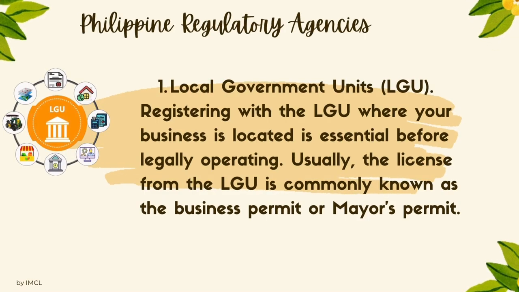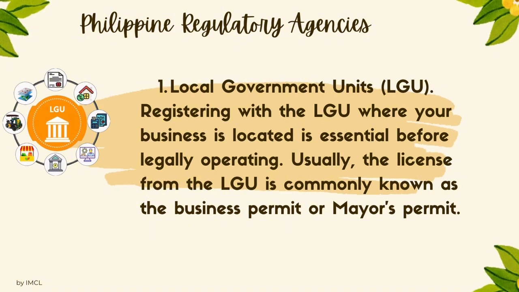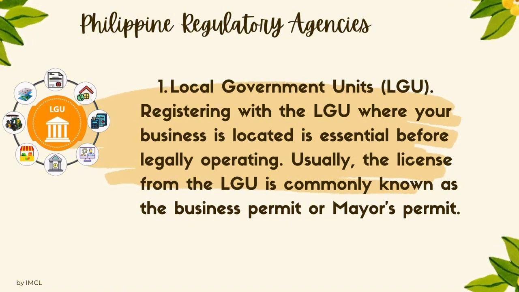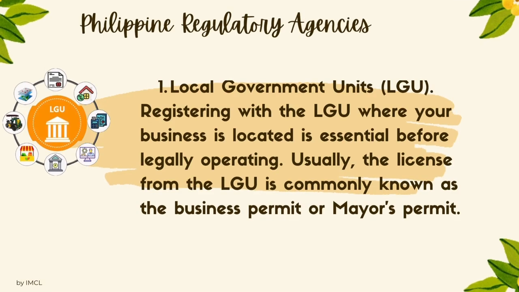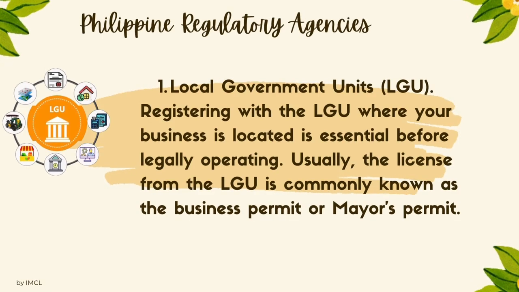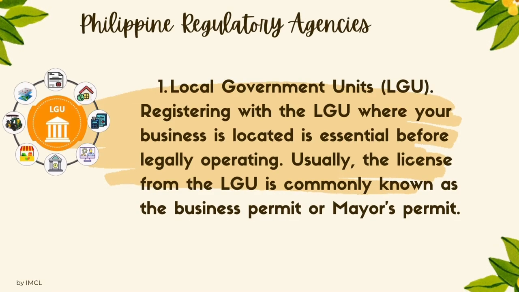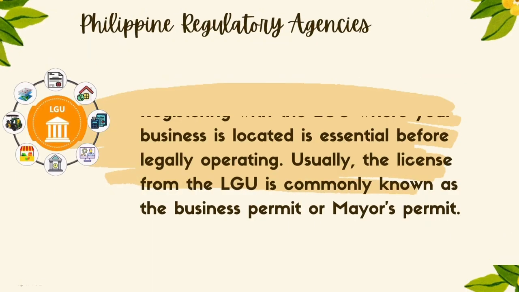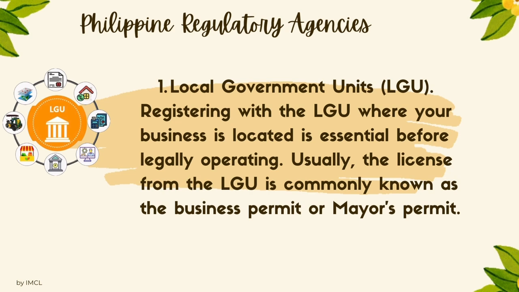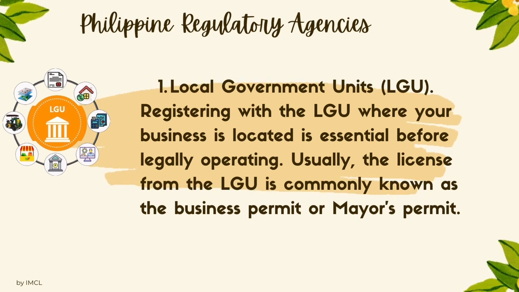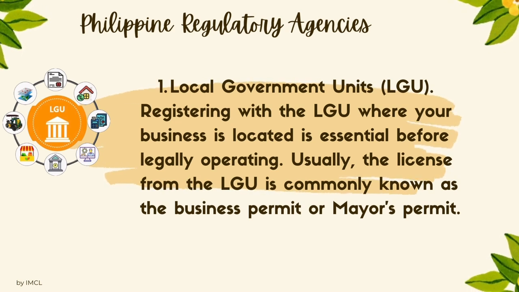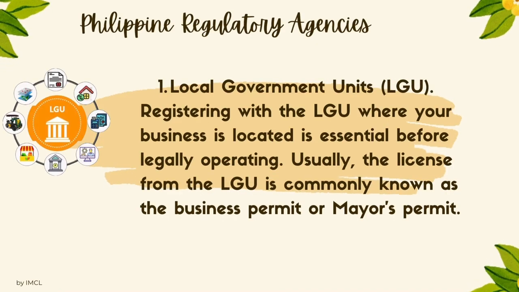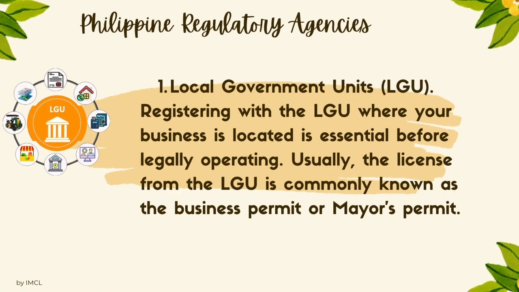The documentary prerequisites such as SEC registration certificate, barangay clearance, contract of lease or real property tax, and occupancy permit must be submitted. In reality class, this is happening, because the business must first register with the LGU. Magkuha sila daan og business permit or mayor's permit.